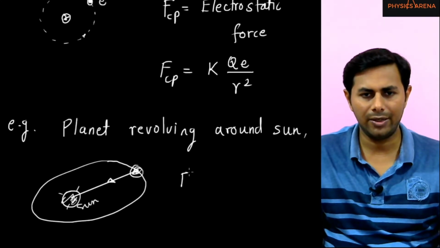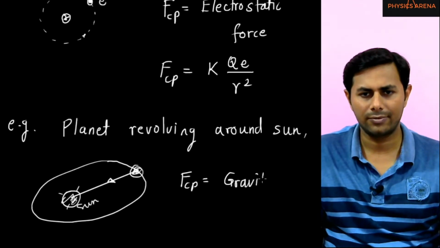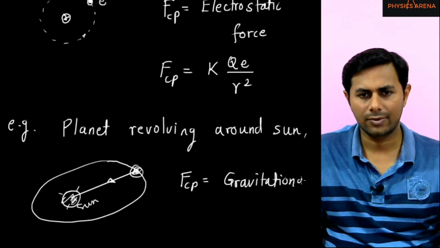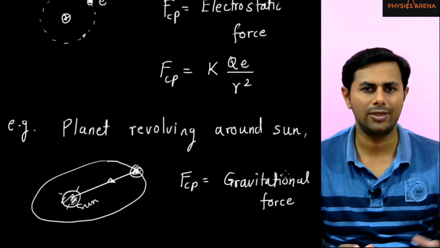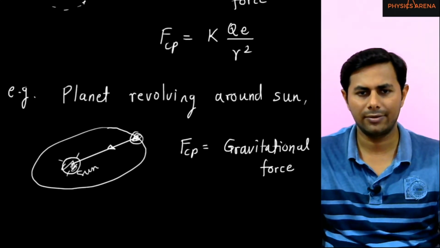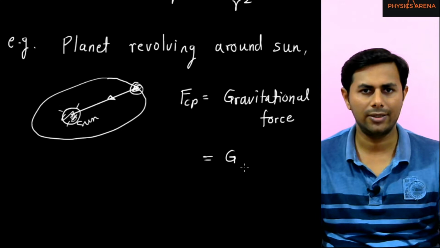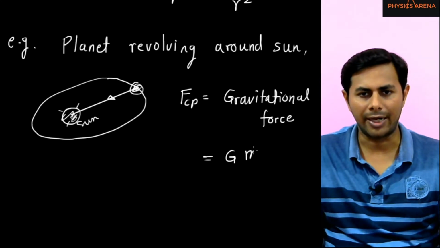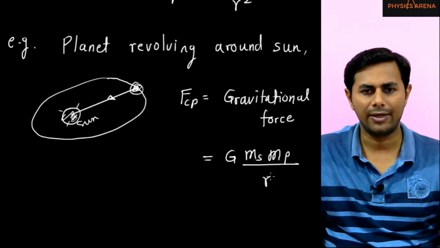So F_CP is equal to the gravitational force, and we can write down the magnitude of gravitational force using Newton's law of gravity. The gravitational force is the universal gravitational constant G multiplied by mass of the sun multiplied by mass of the planet divided by r squared.